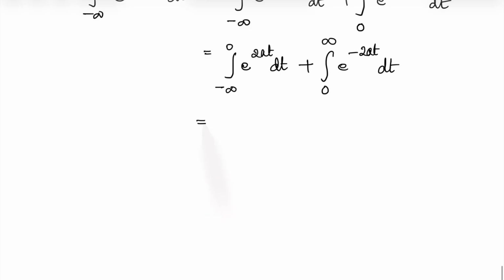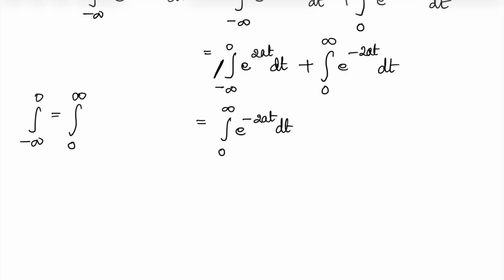Now this minus infinity to 0, I can write as 0 to infinity by changing the sign of the power terms, right?